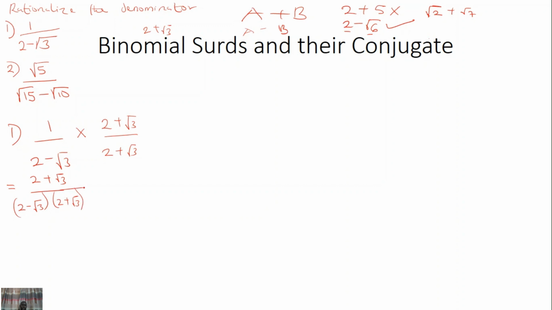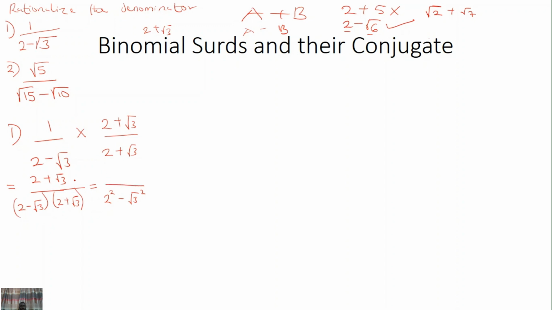From what I explained earlier about difference of two squares, can you now see why it is important? (2 minus root 3) times (2 plus root 3) is going to give us 2 squared minus root 3 squared, which is the difference of two squares. If you expand this fraction, that's what it will give you.